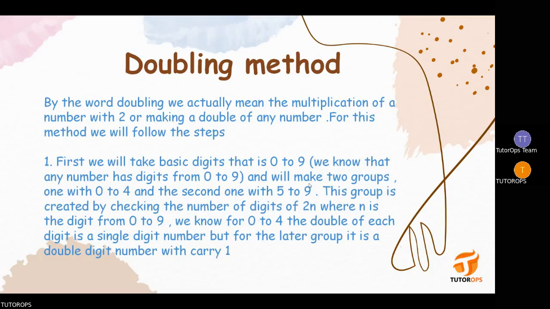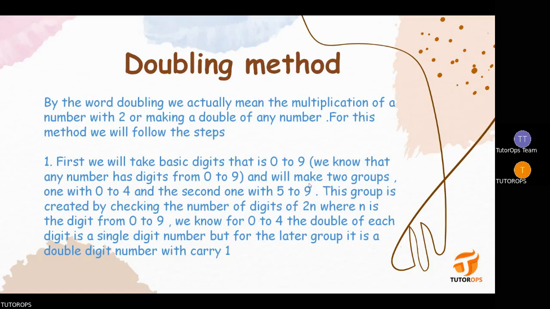So every number will contain digits from 0 to 9, and I am making two groups with the digits. The first group will contain the digits 0 to 4, and the second group will contain the digits 5 to 9. I will call the first group as group 1 and the second group as group 2. This group is basically created by checking the number of digits of 2n, where n is the digit from 0 to 9.